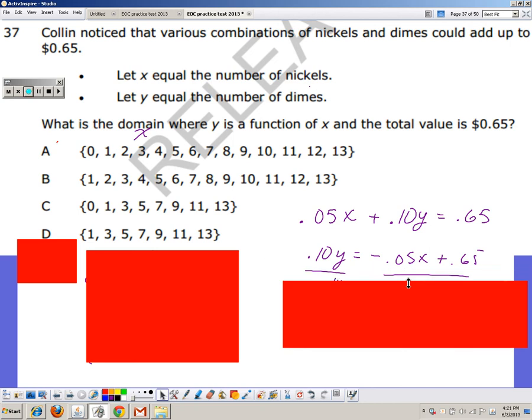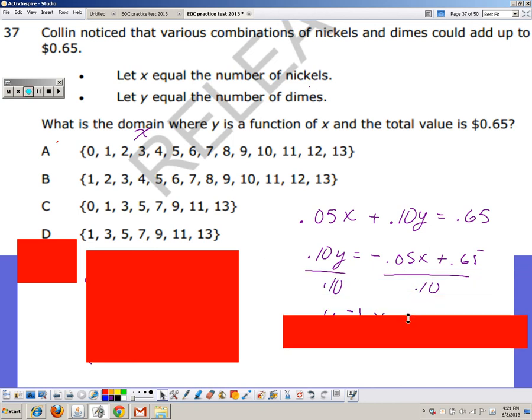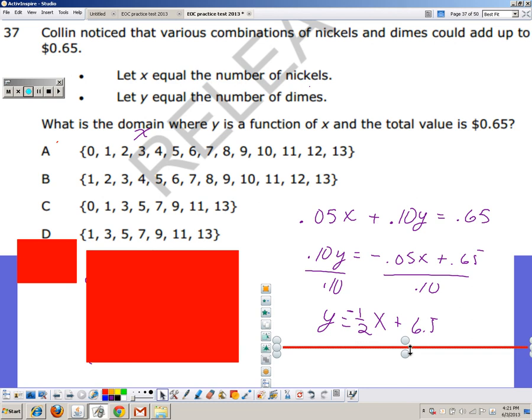Again, we must get y by itself, so we're going to divide everything by 0.10. That gives us a function of y equals negative 1/2 x plus 6.5. Now we are dealing with a real life situation, so we cannot use any number for x that will give us a decimal or a fraction or a part of a dime.